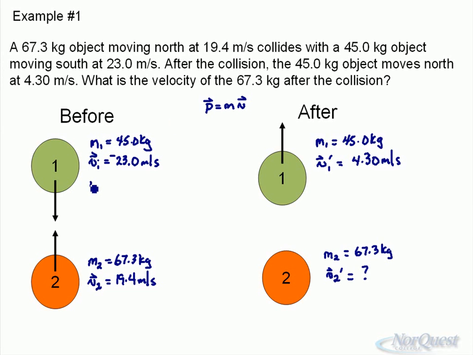The momentum of object 1 before will be equal to 45 times negative 23. So 45 times negative 23 gives me negative 1035 kilogram meters per second. The momentum of object 2 before equals 67.3 times 19.4.